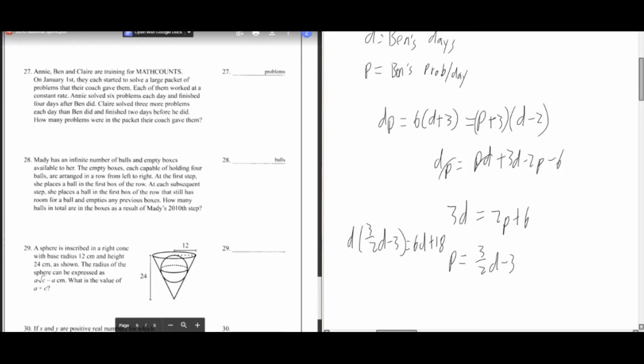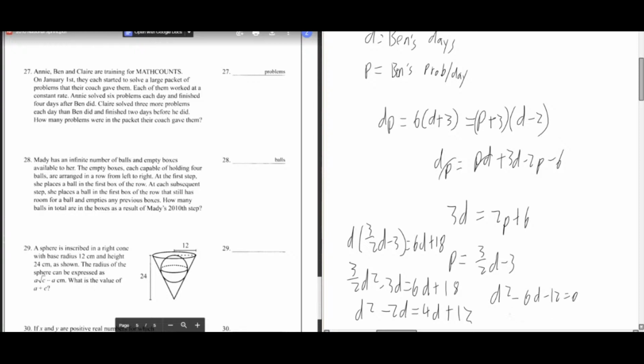Expand this a bit: d squared minus 3d equals 6d plus 18. Divide everything by 3 and multiply by 2: d squared minus 2d equals 4d plus 12. So d squared minus 6d minus 12 equals 0.